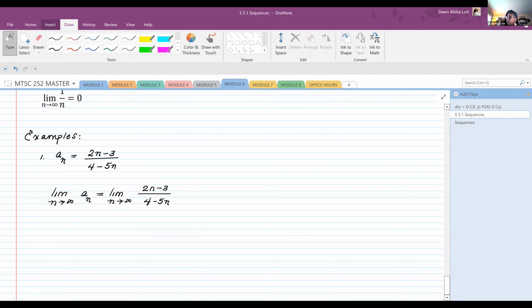Okay, so that limit on first pass is infinity over infinity. Well, it's actually infinity over minus infinity, but does that help anybody in trying to figure out what the limit is? What can you use?